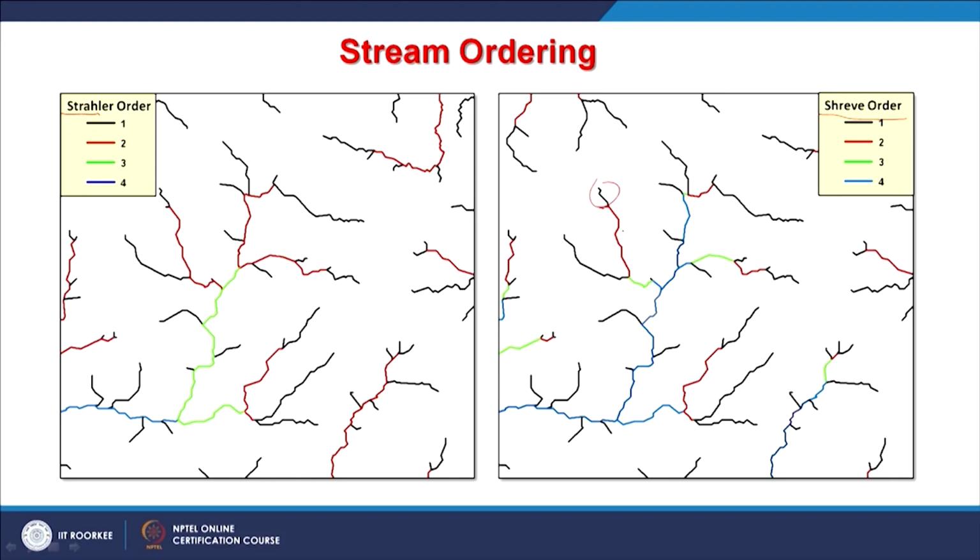So it becomes second order, and then second order and first order become third order, and one more order becomes fourth order, and likewise you go. So in this example you have 4 orders. So this is one, like the watershed boundary, which we will discuss later. Stream ordering, stream network can be derived.